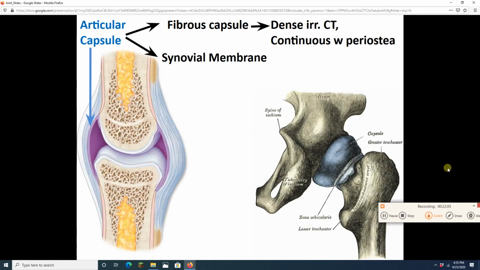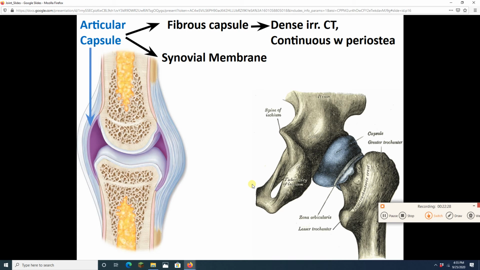Okay, let's talk about that capsule. The capsule covers the joint. It would be around the whole thing, as we see with this guy here. It's going to cover the joint. It's going to surround the joint. It's going to enclose that joint cavity. And there are actually 2 parts to the articular capsule.